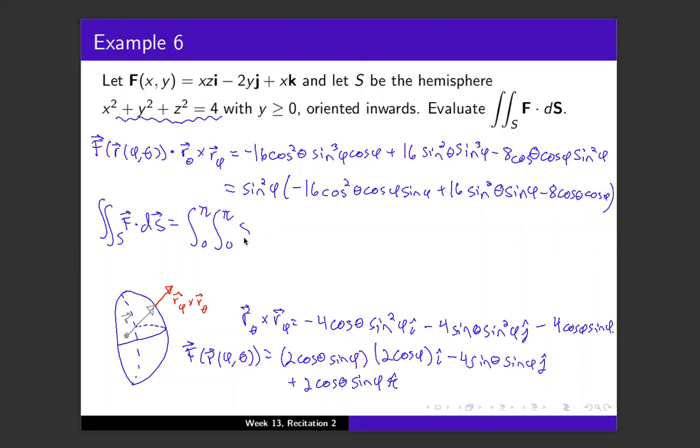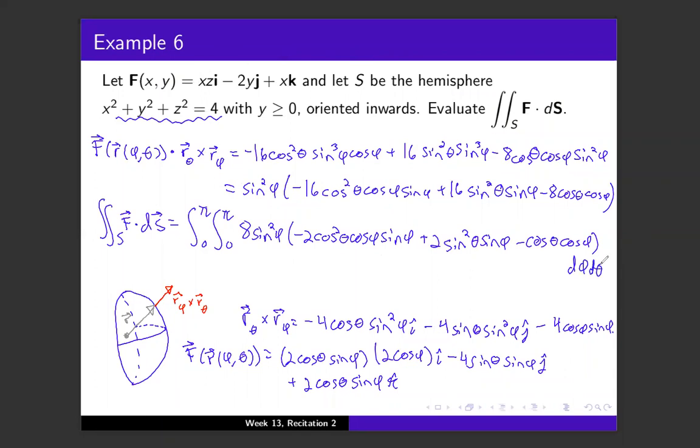Let me write this as 8 sine squared phi of negative 2 cosine squared theta cosine phi sine phi plus 8 sine squared theta sine phi. Oh, sorry, not 8, 2. Oops. Minus cosine theta cosine phi.